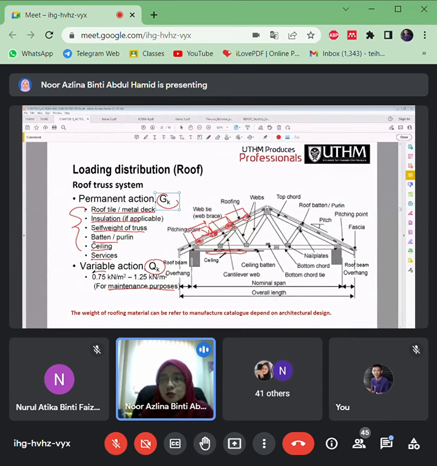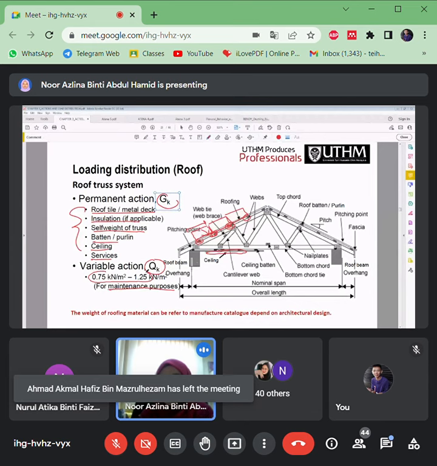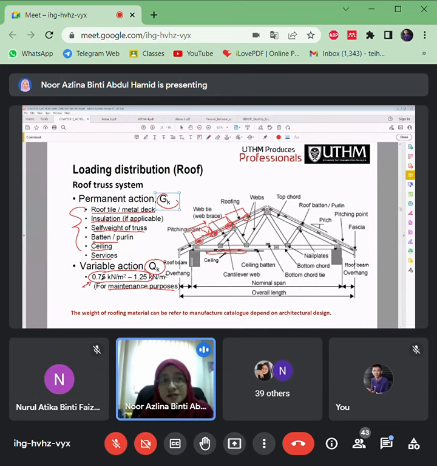That's why the variable action Qk is quite small here, just within 0.75 up to 1.25. So for design estimation, you can select any value within this range.